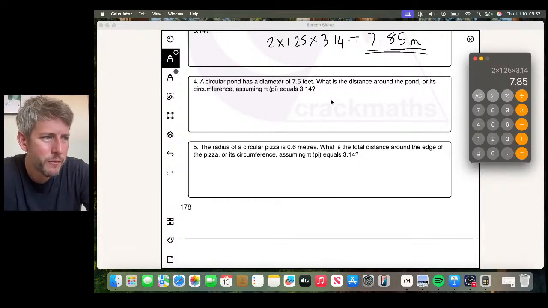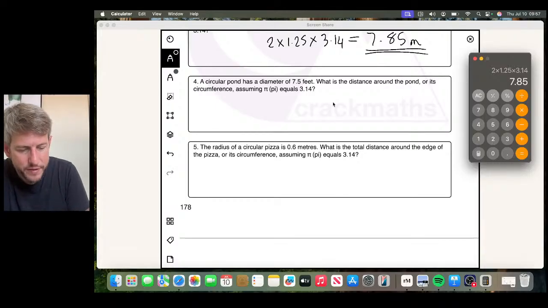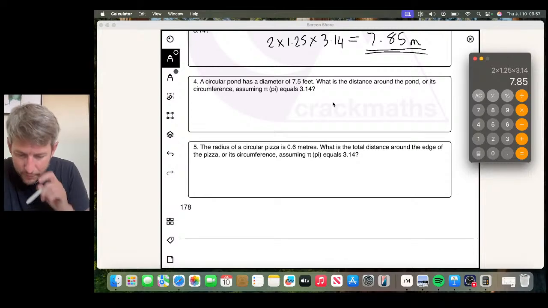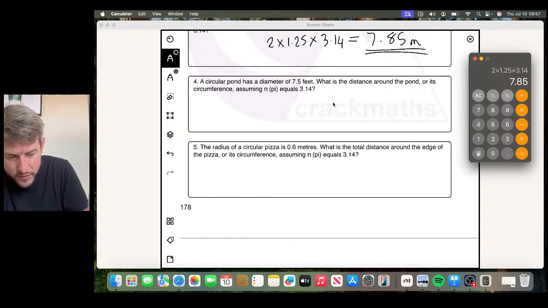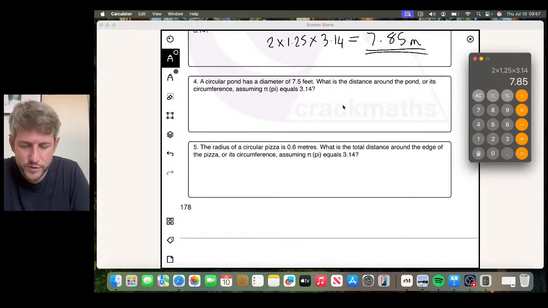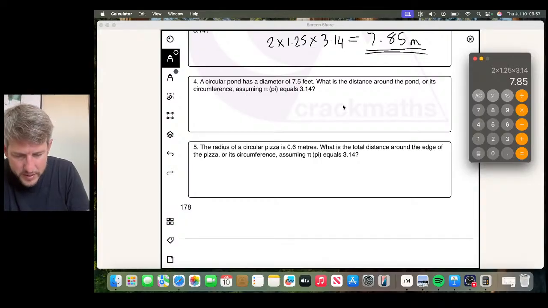The more I read this, I think I want to get rid of these 'or its circumference' bits, because I actually think it's confusing. We're in the circumference section. I think it's going to be better if I get rid of those. So I'm going to do that in a moment, but I'll finish answering these questions first. So a circular pond has a diameter of 7.5 feet. What is the distance around the pond? So it's diameter this time. So it's going to be 7.5 multiplied by pi, which is 3.14.